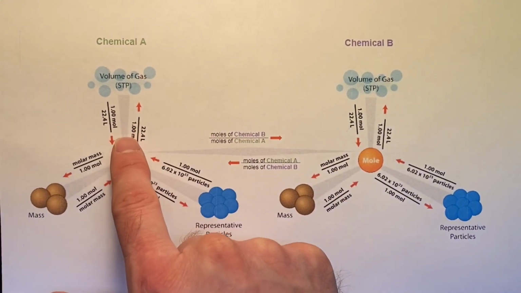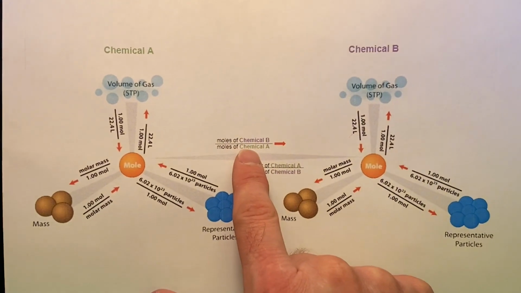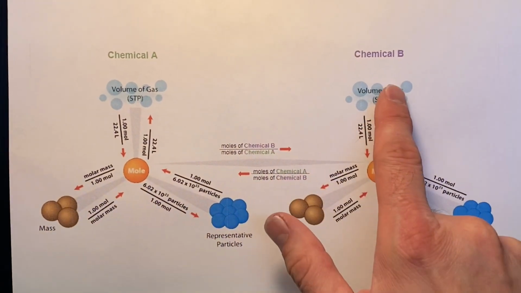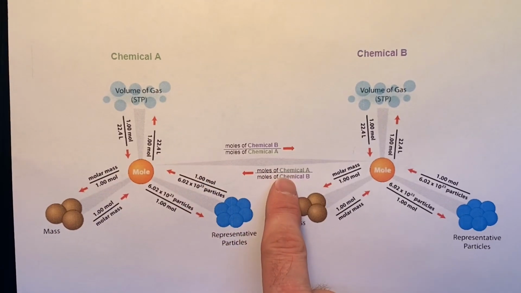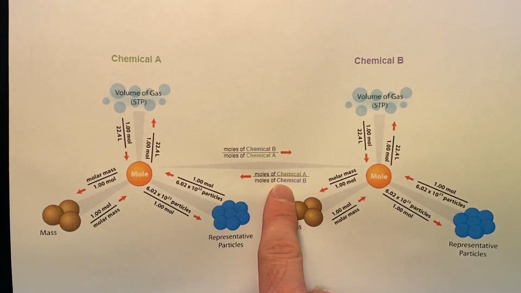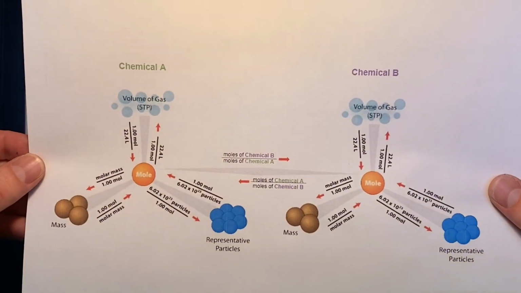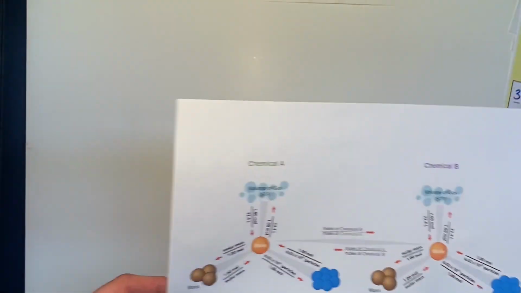Are you moving from chemical A to chemical B? Use the top conversion ratio. If you're going from chemical B to chemical A, use the bottom conversion ratio. So this will be in your homework assignment for this week, and we'll come back to it. Let's do a practice problem.